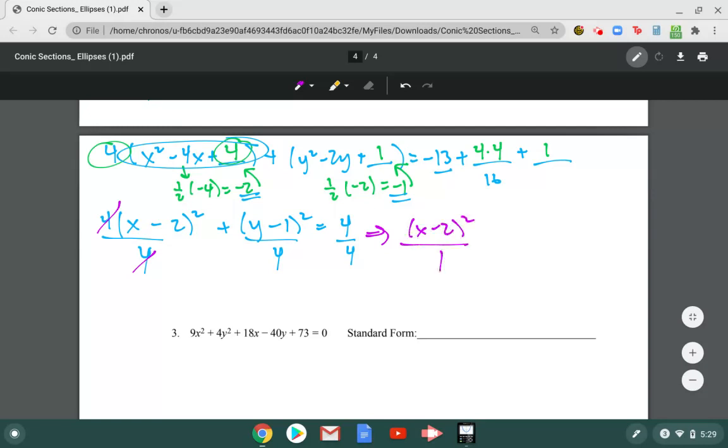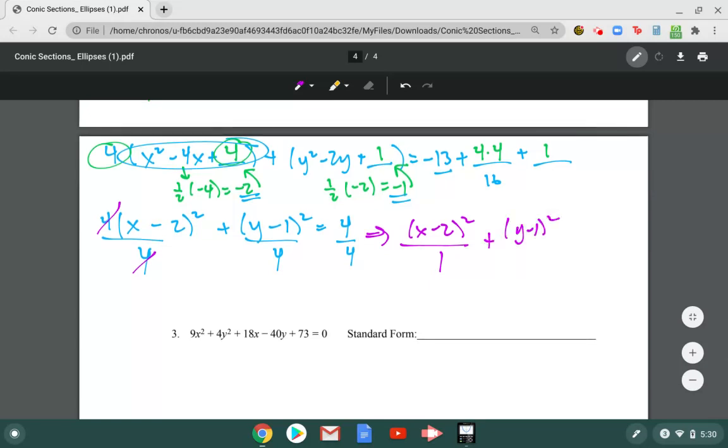You can write this over 1. 1 is the distance of center to the end of the axis in the x direction. So that 1 I think is really helpful to have there. Plus y minus 1 squared all over 4 equals 1. There's nothing else we need to do, just getting to that standard form. And that goes up on that line there.